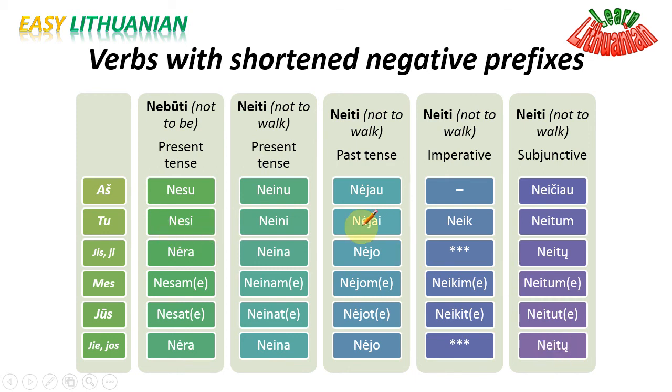No, no. There are no such things in Lithuanian. There's only smooth neik, nėjai, neini, nesi, nesu, nėra, neitų, nėjo, neina, nėra, nesate, and so on. So remember this, that there's only this consonant left. It's a smooth pronunciation. No, no. Remember this.